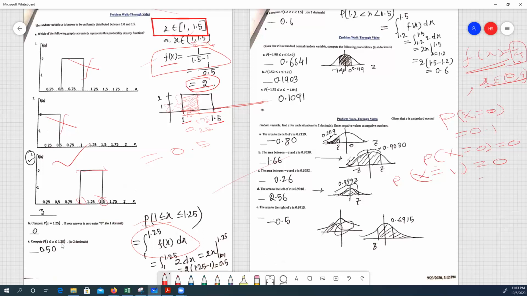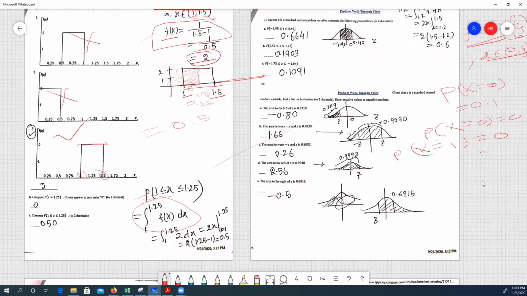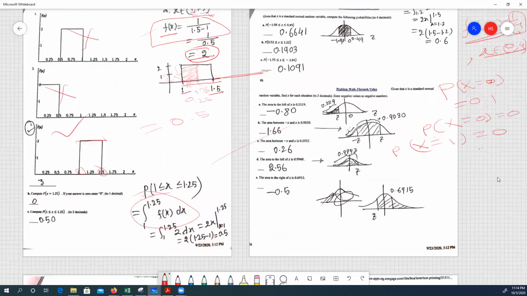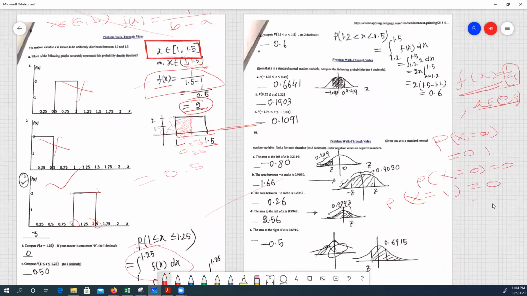I'm not showing you the details. Here f of x is 2, the density function you already know. After integration you have 0.5. This is one way, and the other way is just to calculate the area of this rectangle. This is easier, and even if you do not know integration, you can find it.